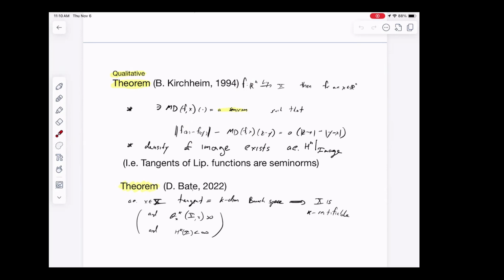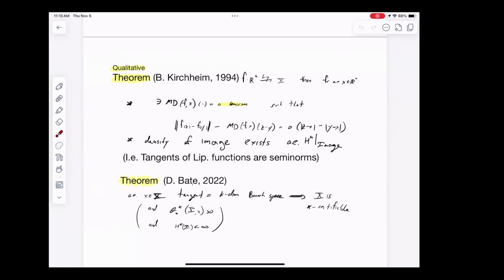A converse to this was proven only recently, a few years ago, by David Bate, and he says that the property of having a tangent almost everywhere implies that your space is rectifiable. So David Bate says that if you have a tangent and it's a Banach space, then it's rectifiable.